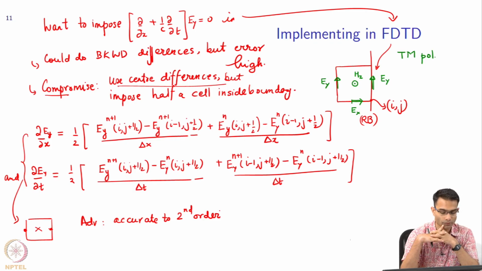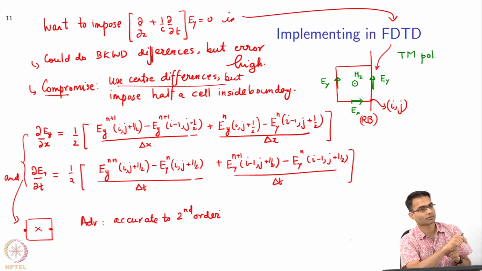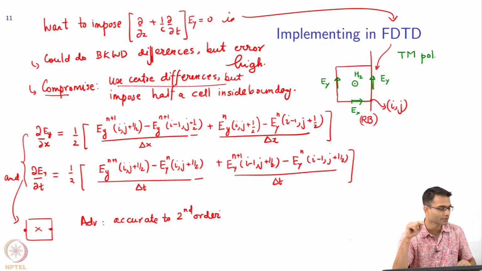So what will we do? It is a center difference. A center difference is accurate to second order in h, the spacing between the points, and forward difference or backward difference are only accurate to first order. It is the power of the error, we had done that in the beginning in finite difference.